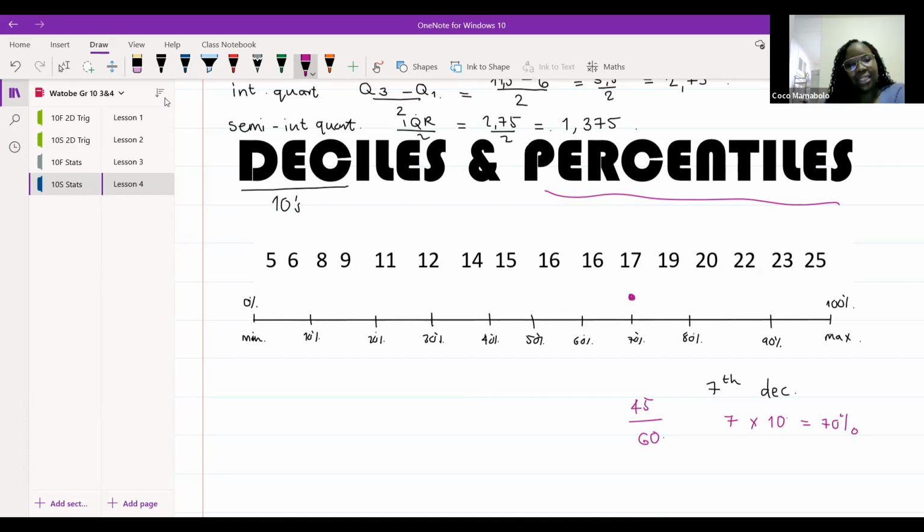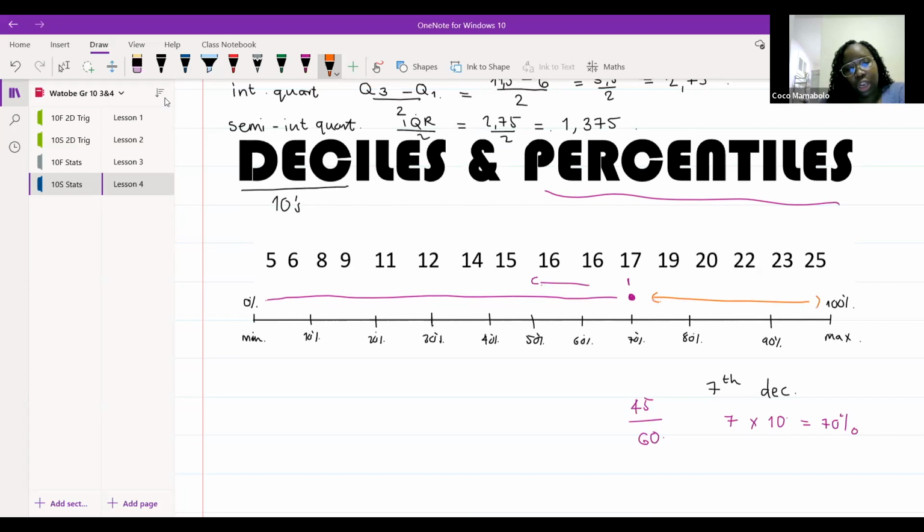That means that 70% of your class either got the same mark that you did or lower. What does it mean about these people here? How many people in your class got more or equal to what you did?